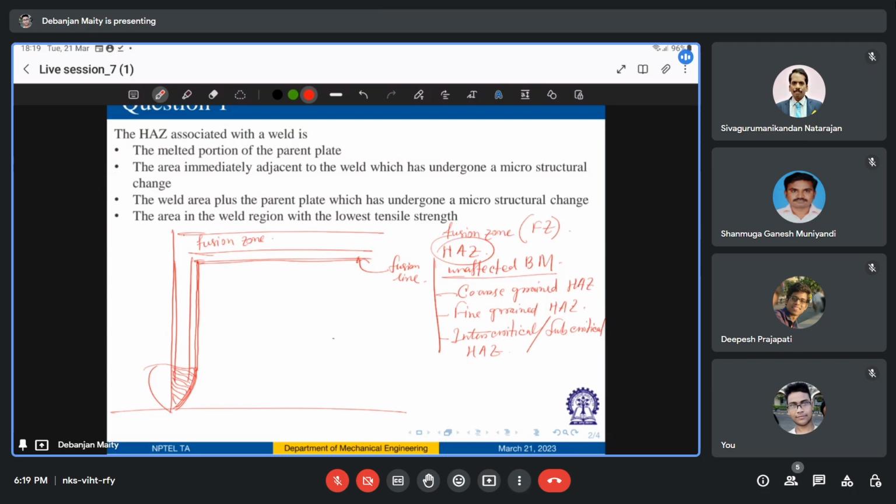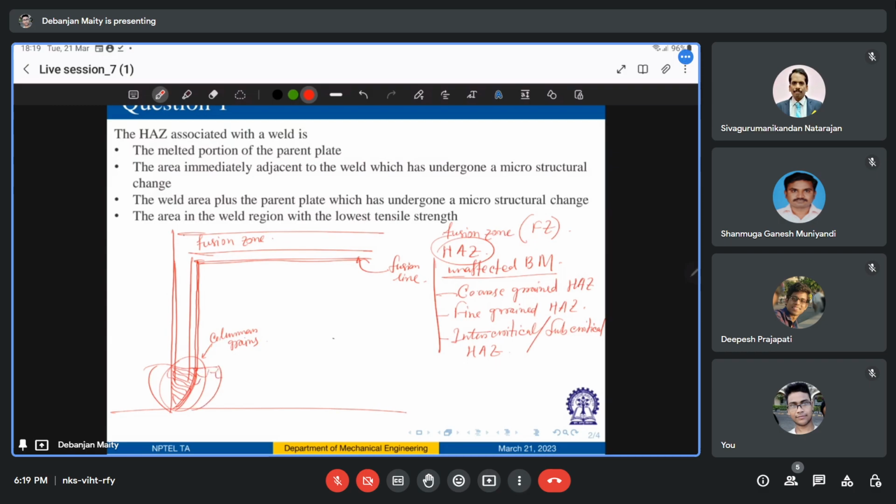Basically, because of slow cooling, annealing is happening, which results in recrystallization of base metal by forming some fresh grains, and then those grain sizes become a little bit larger than the original size, but smaller than the grains of the weld. So these are your columnar grains, right? Then you will have some coarse grain heat affected zone over here.